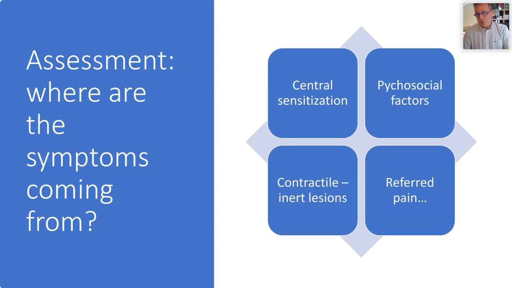And of course, when a patient is complaining, oh, my shoulder hurts, where is it coming from? Of course, you have several options. You cannot exclude mechanisms of central sensitization, certainly not with spine patients and shoulder patients. That happens.